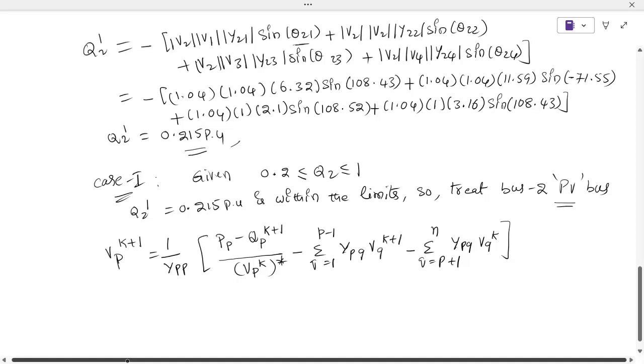This is the formula for calculating the bus voltage.